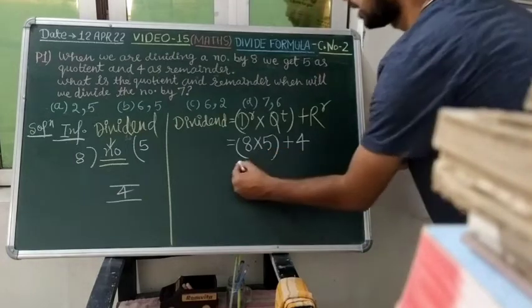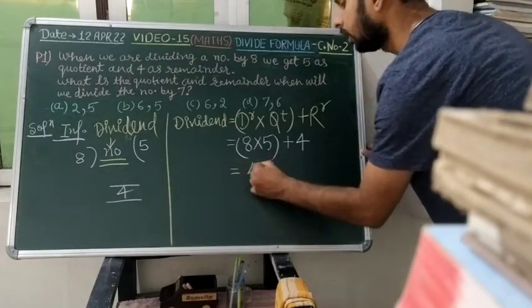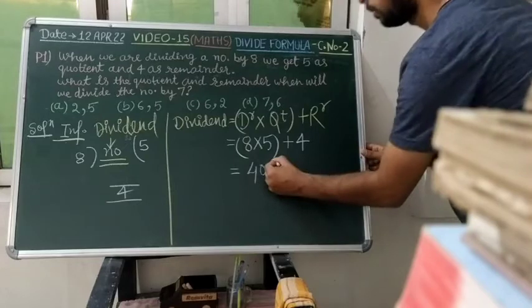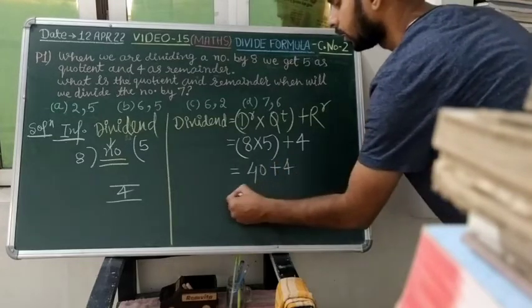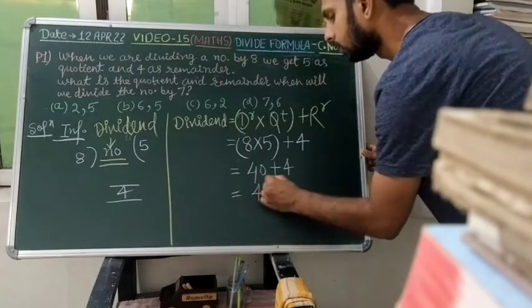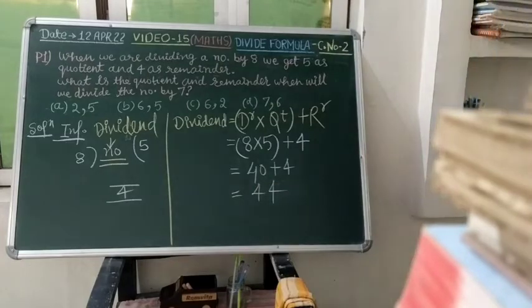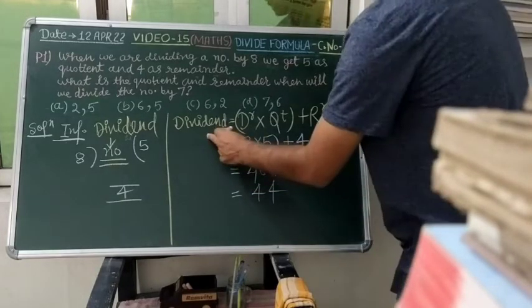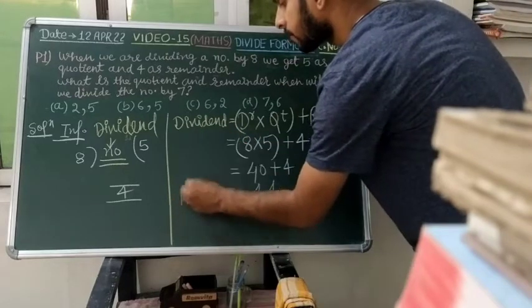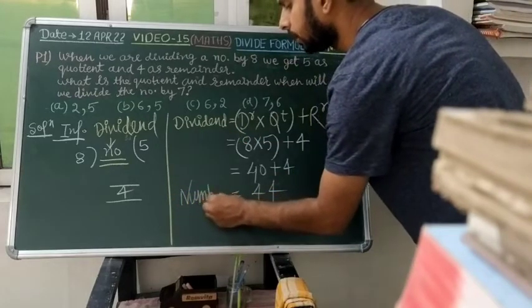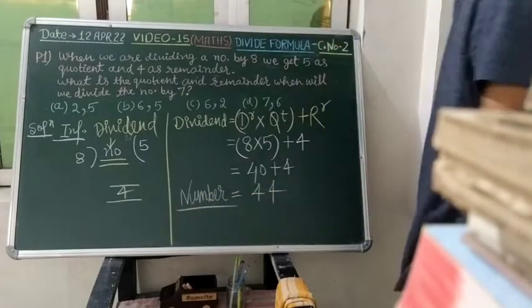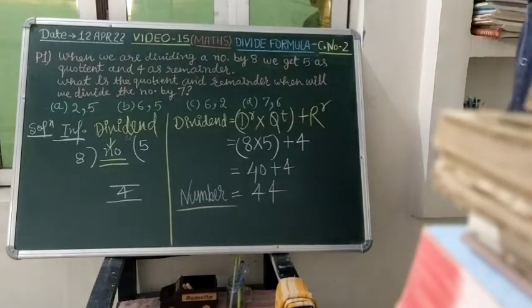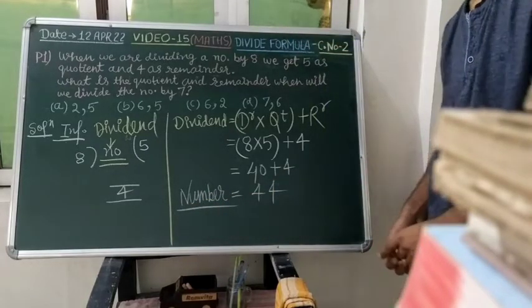So 8 5s are 40, 40 plus 4 is 44. So we have reached that the dividend is our number, and that number is 44.